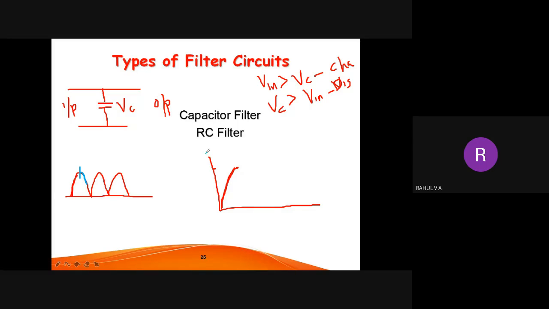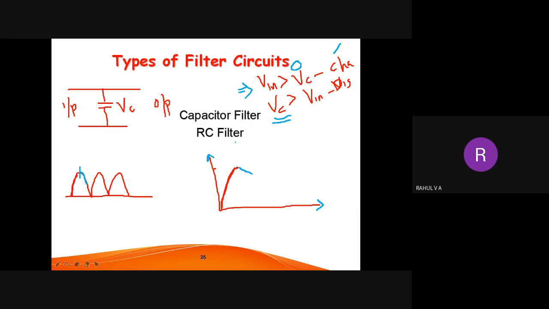Here, the voltage across the capacitor will not reduce suddenly as in the case of the input, because there are charges present in the capacitor. So the capacitor discharges. When the input changes from peak to zero, the condition changes. Initially, there was no charge in the capacitor, so V in was always greater than VC, so the capacitor charges. After reaching the peak value, the input reduces, but there are some charges in the capacitor.